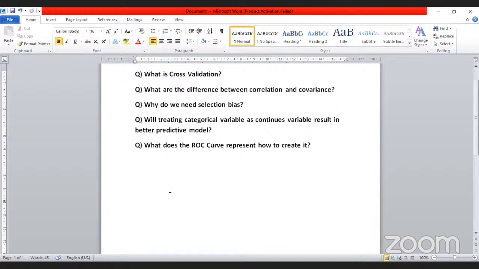Okay, now the next question is: is it good to do dimensionality reduction before fitting an SVM model, or support vector machine model?